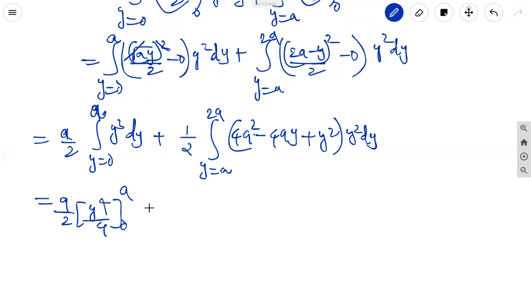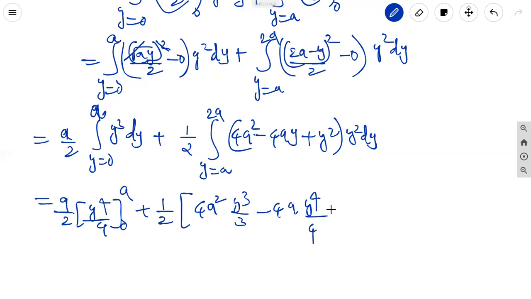limits from 0 to a, plus 1 by 2, 4a square, y square integration is y cube by 3, minus 4a, y into y square, y cube integration is y to the power of 4 by 4, y square into y square, y to the power of 4, integration is y to the power of 5 by 5, limits from a to 2a.